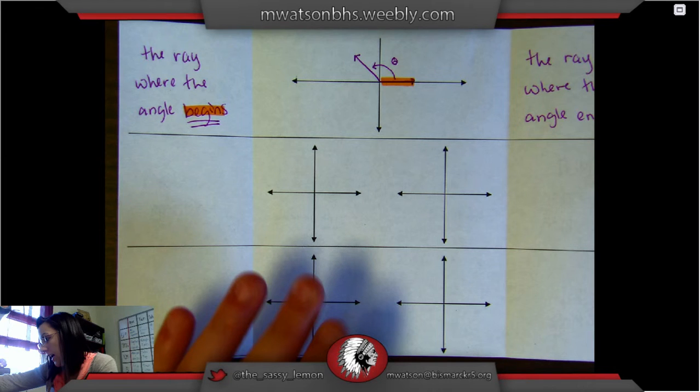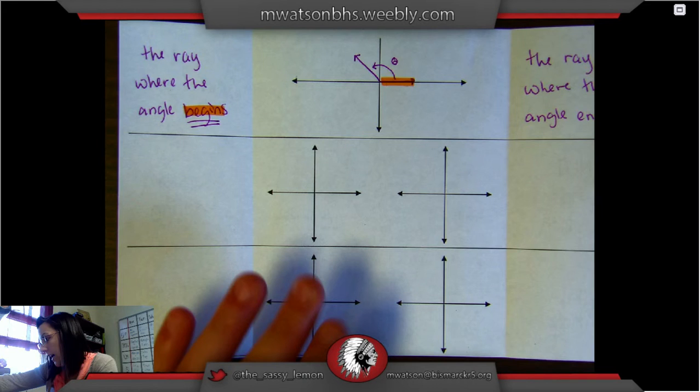So you can go either direction. And we'll talk more about that in a moment. But the important part is that the vertex, I'm going to highlight that, is at 0, 0. And then the initial side has to lie on that positive x-axis. As long as those two things are true, then you have standard form.